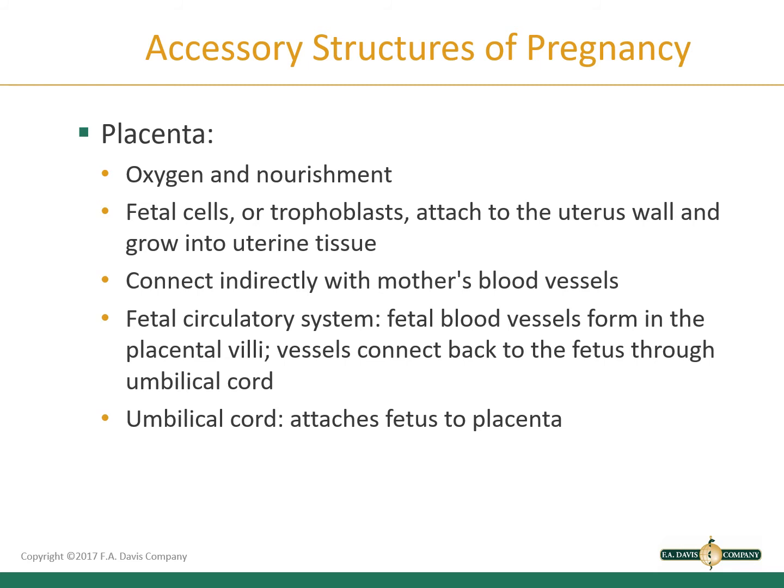The placenta attaches to the wall of the uterus, and then the baby's umbilical cord arises from it. The organ is usually attached to the top, side, front, or back of the uterus.